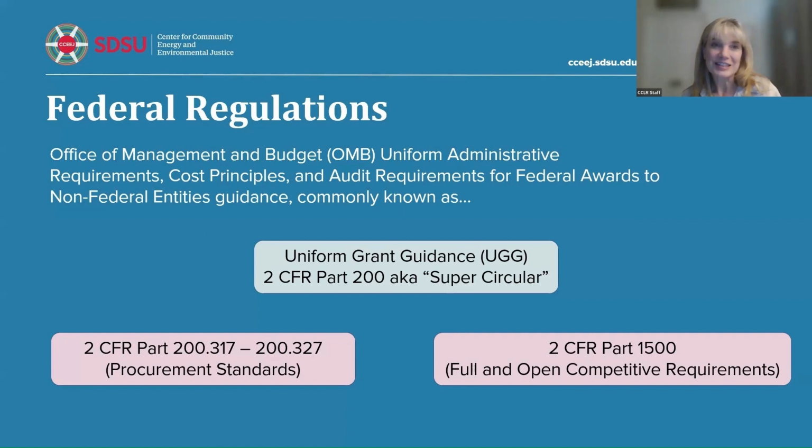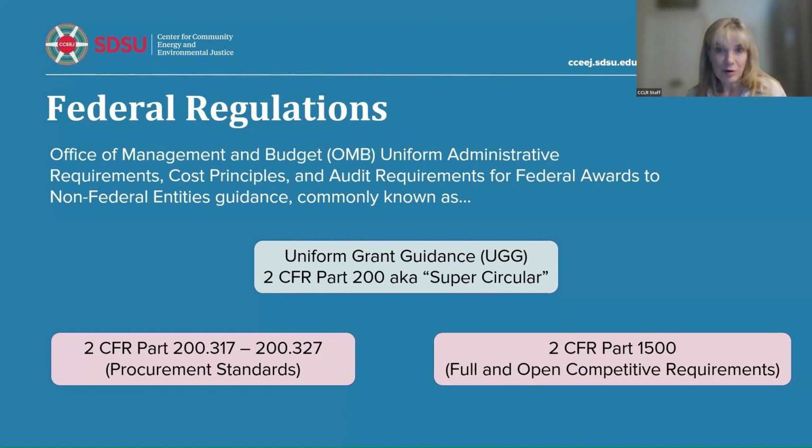Federal regulations have the Office of Management and Budget, OMB, uniform administrative requirements, cost principles, and audit requirements for federal awards. So think of OMB as the White House, right? The executive branch, to provide guidance, right? So the UG, Uniform Grant Guidance, the 2 CFR Part 200, also known as the Super Circular, has these two parts in it.